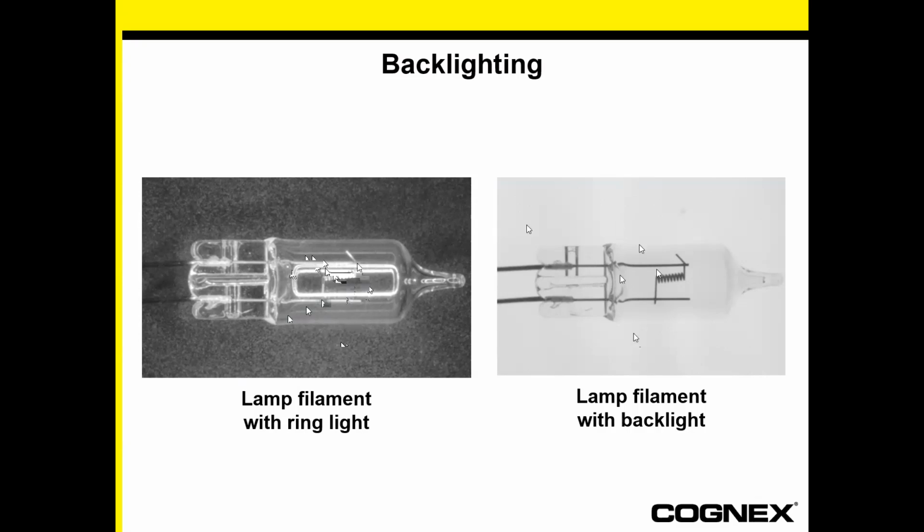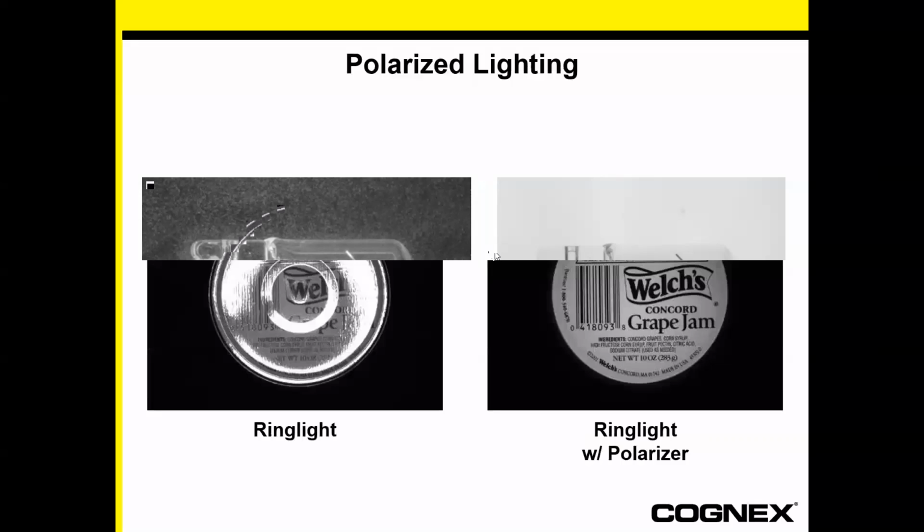On the right-hand side, we have a lamp filament with a backlight and beautiful contrast. You could measure the distance. If you had enough resolution, you could count the number of windings in the element. So it just shows you different lighting techniques can make or break applications.